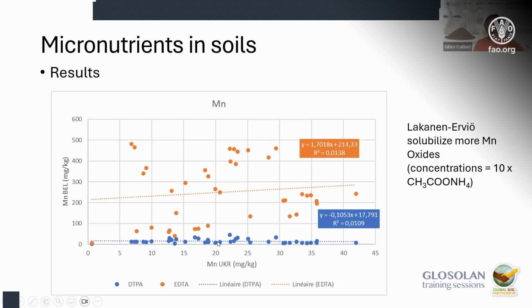And the extraction between the DTPA and the Ukrainian method is clearly not well correlated.